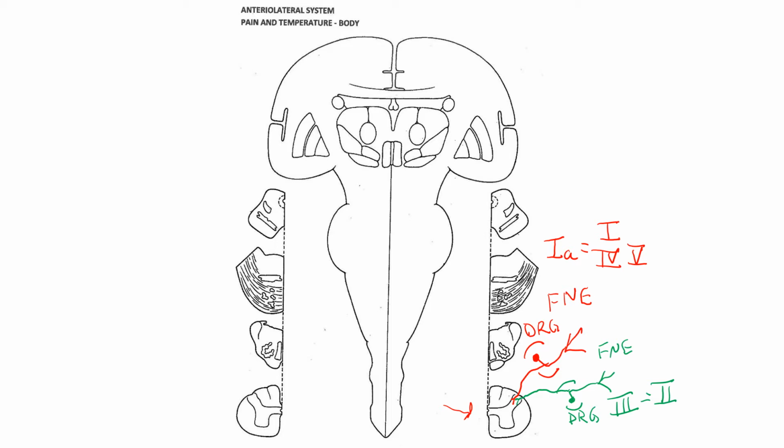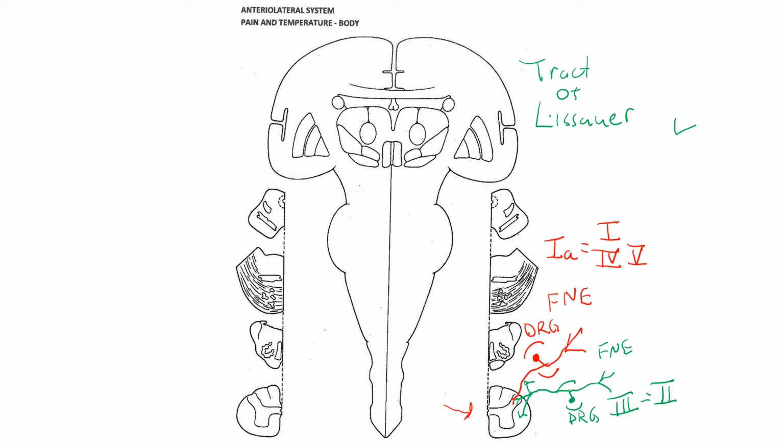But what we see with the slow fibers is that these slow fibers are going to ascend and descend in the spinal cord in a structure which is called the tract of Lissauer. Okay, the tract of Lissauer.